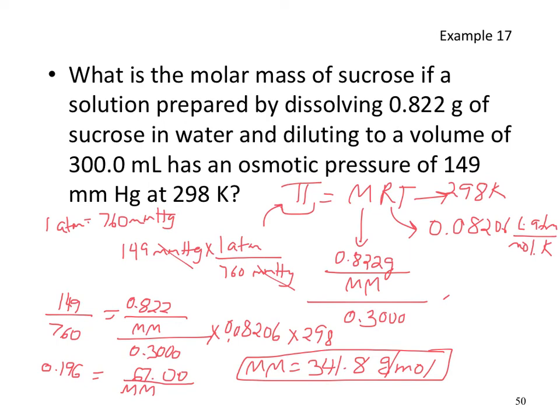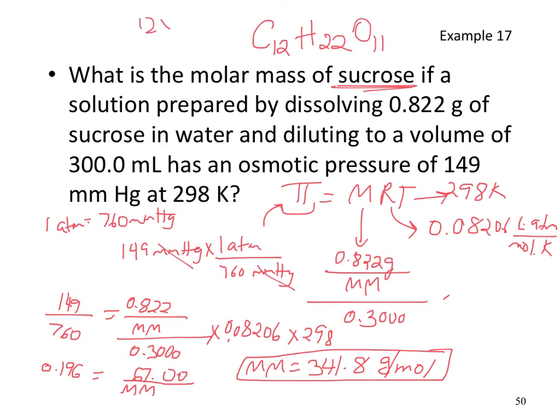What I want to do right now is give you the formula of sucrose so you can make sure the answer that you got is right. You may not be able to do that in a test, of course, but in this case we can. So sucrose is C12H22O11.